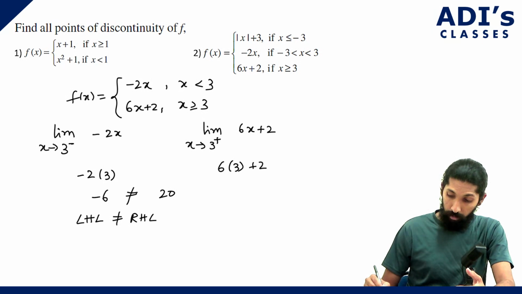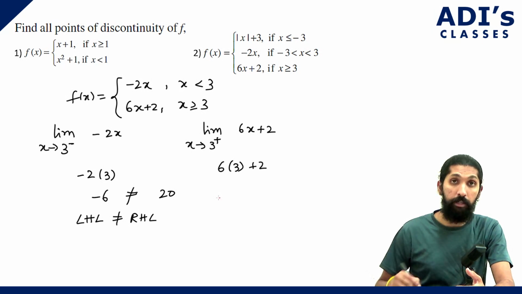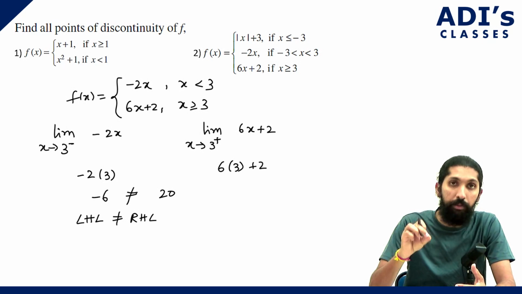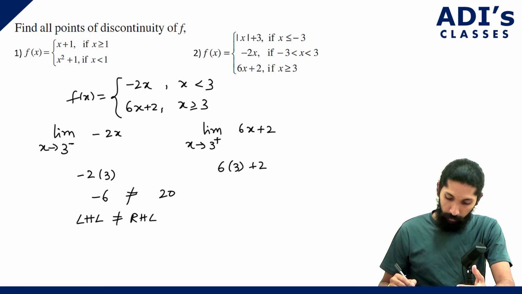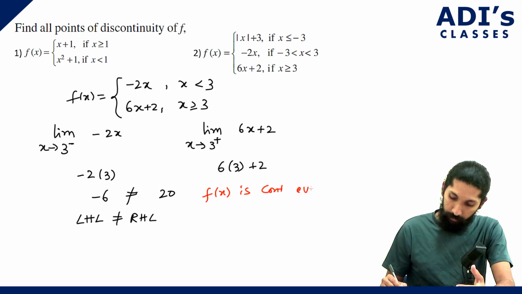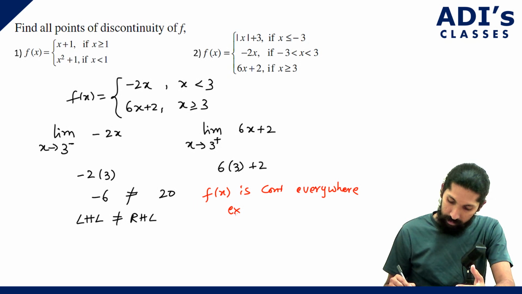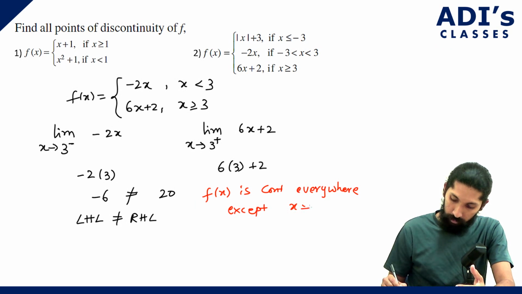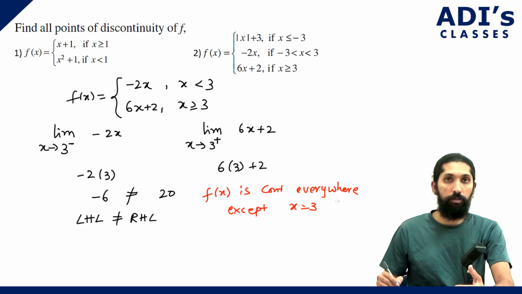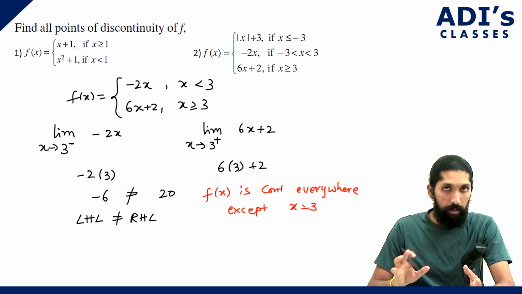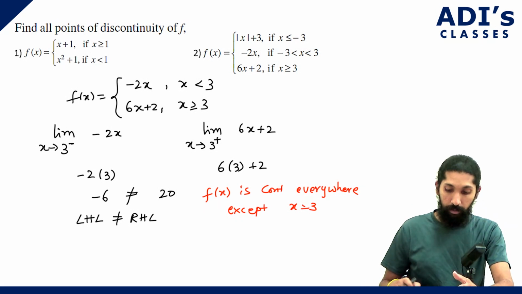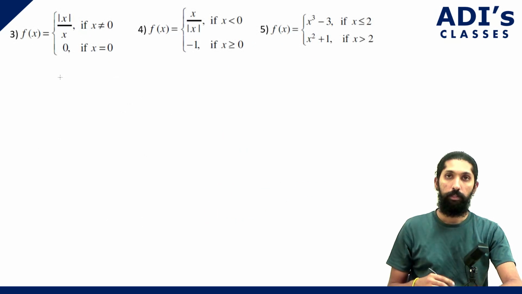Here we say that f of x is continuous everywhere except x equal to 3, because at x equal to 3 we do not have continuity. So it is discontinuous. Understood? This is how we solve the second one. Now let's do the next one. See the third one.